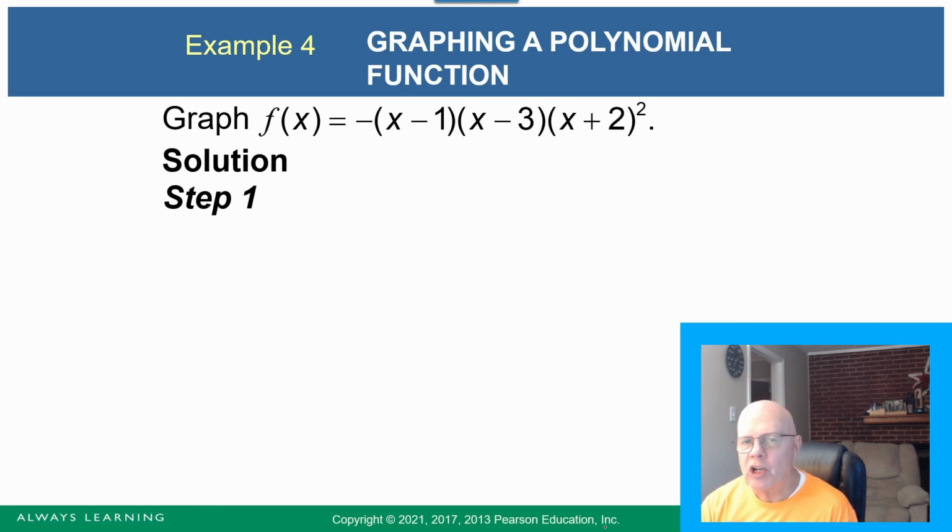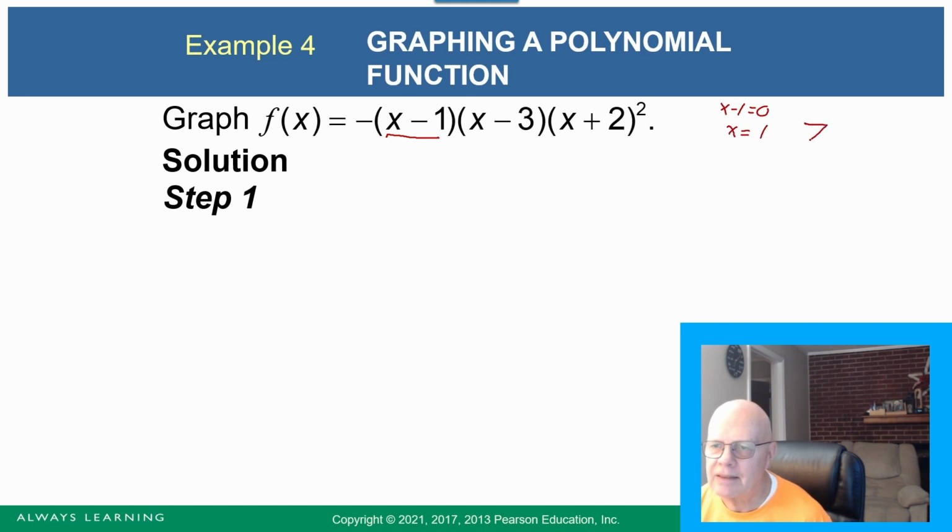Well, we know right away what the x-intercepts are going to be, because we can just take each one of these factors and set it equal to 0. So x minus 1 equals 0, x equals 1. That is a 0, not 0 itself.